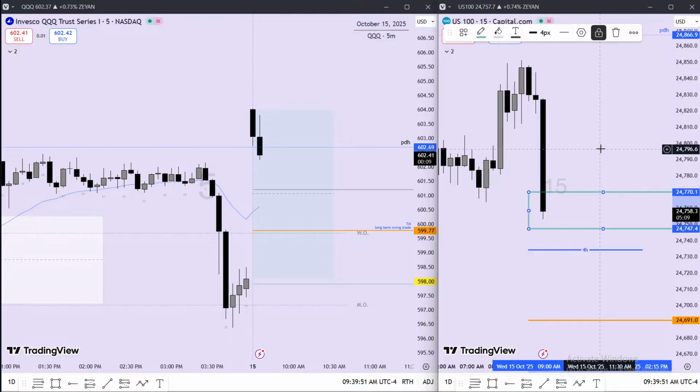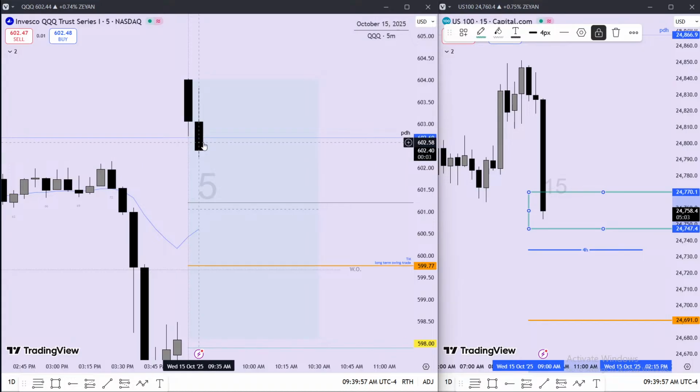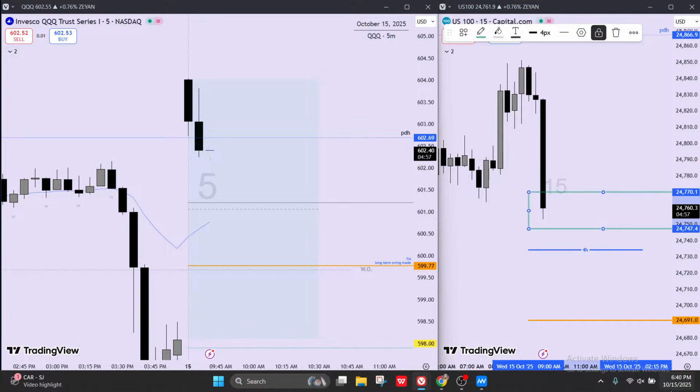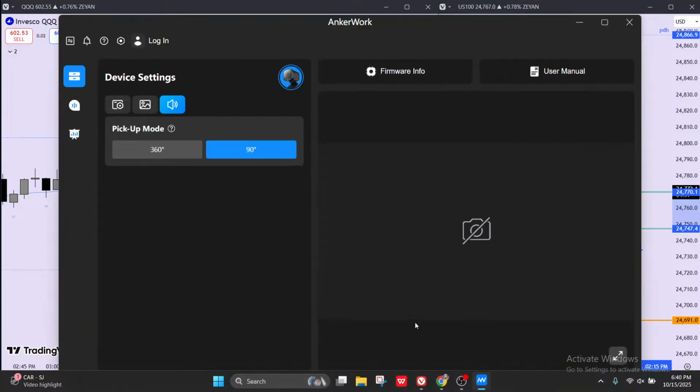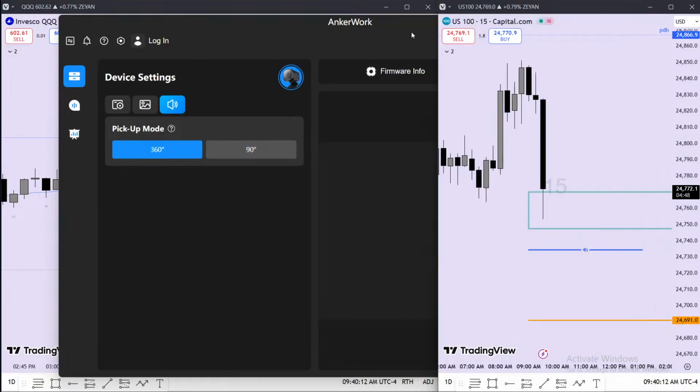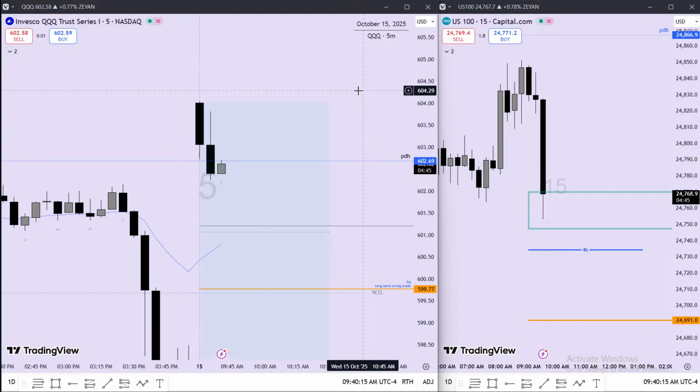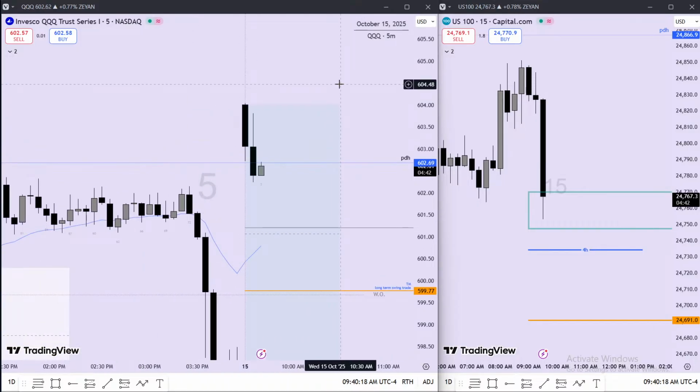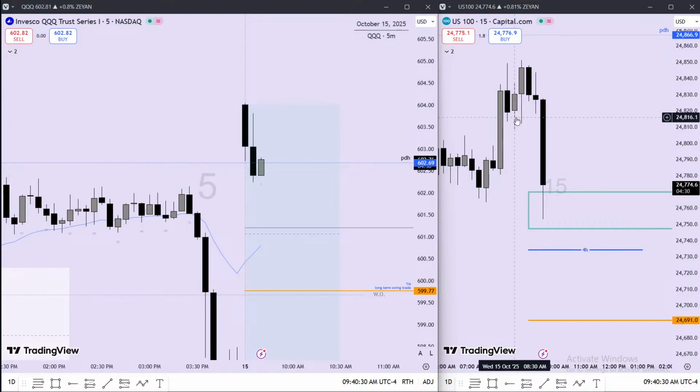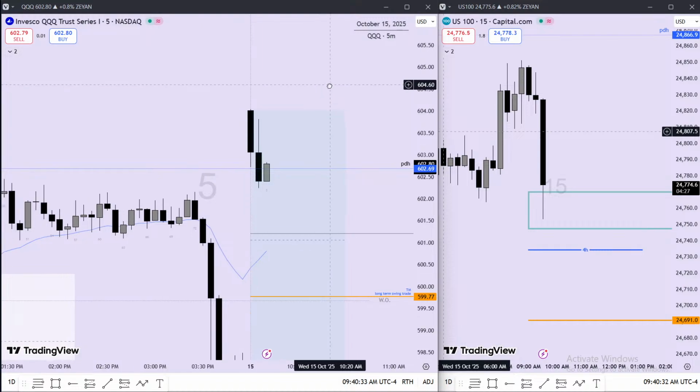Let's see if we can bounce around from this point. Bears are probably succeeding to close below the parallel low. First 15 minutes about to close.